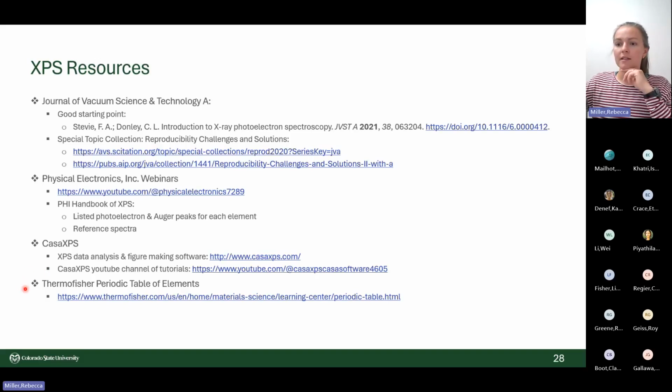And then lastly, Thermo Fisher has a nice website where they just have a periodic table. You can click on an element and it takes you to a page of short bullet points of what overlapping peaks that element might have with other ones, or first-step considerations for doing an XPS when you have that element in your sample.